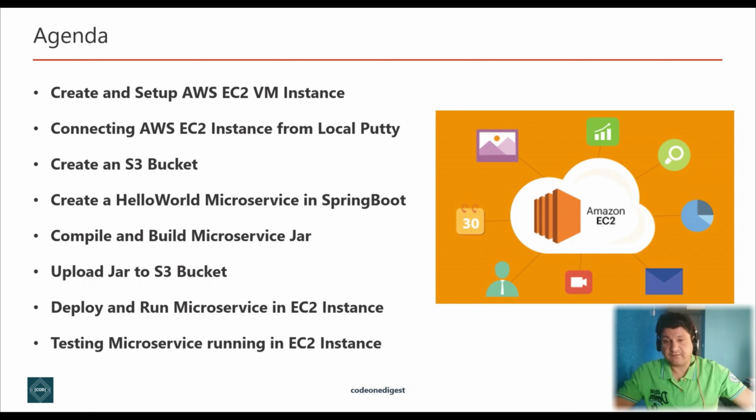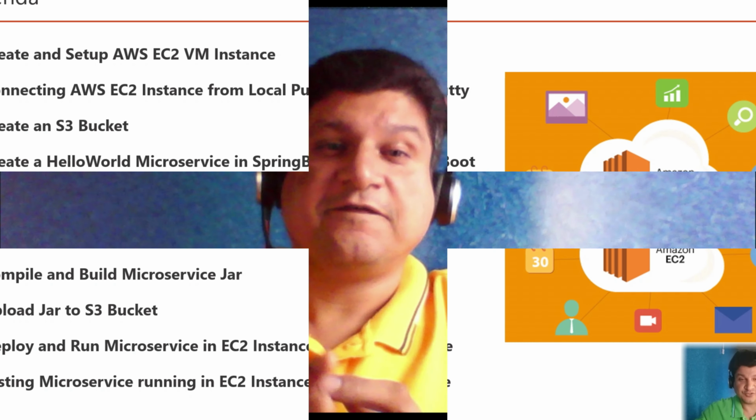And then we will create a Hello World microservice project. We'll compile it, build it, and then upload it to the S3 bucket. We'll deploy and run that microservice on the EC2 instance, and then we'll test that microservice running on the EC2 instance. Right? Clear? So this is what we are going to do in this video. It is going to be very interesting and exciting. I'm sure there is a lot to learn in this video, so stay with me.